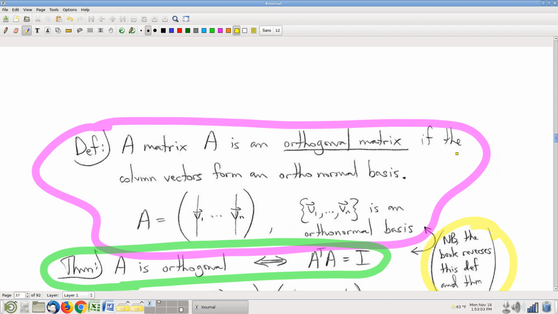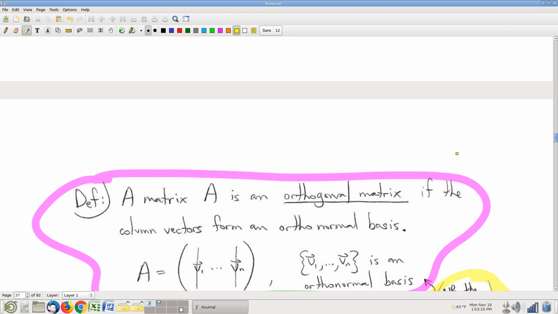Okay, the reason I do it like this is that to me it's ideal for a definition to be motivated, right? And if you look at this definition that I've got here, it's mostly motivated. Why would we call this an orthogonal matrix? Well, because the columns are orthogonal. Right? Well, they're also normal, and there's that whole thing there. But the orthogonality word comes naturally out of the definition that we're making.